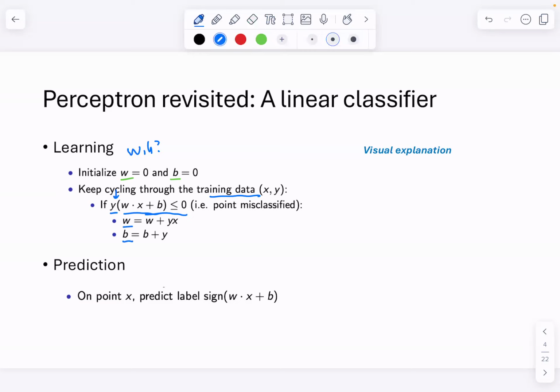So this is how you train, or learn, this classifier.